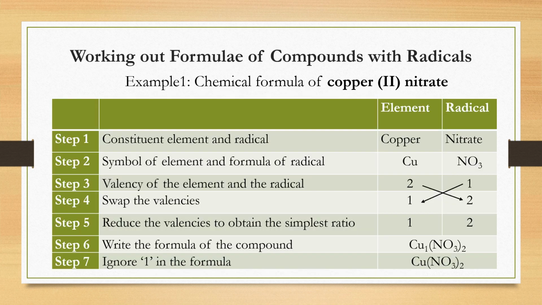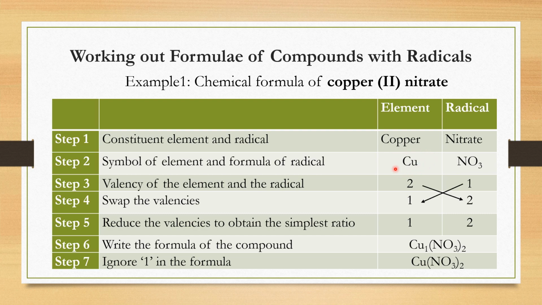Now let's have a look at the formula of copper 2 nitrate. Copper 2 nitrate consists of the element copper and the radical nitrate. The method for working formulae of compounds having radicals is same as explained previously. Copper has symbol Cu.